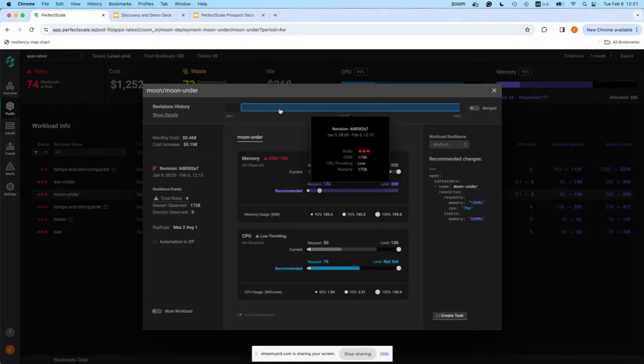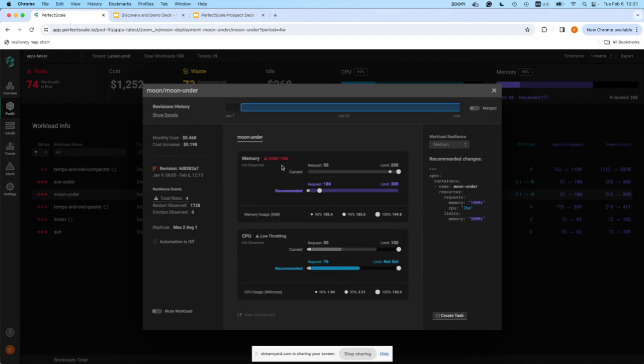This is a workload which was first deployed on January 9th, so it has been running for nearly a month. It has one container, and in this container, we have 1,186 times out of memory. We're running here with a single replica, which means that every time we fail, we are not serving customers at all.